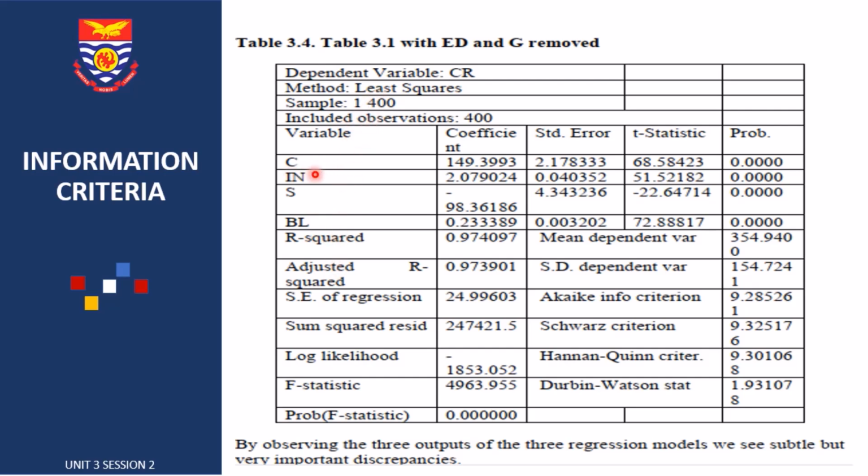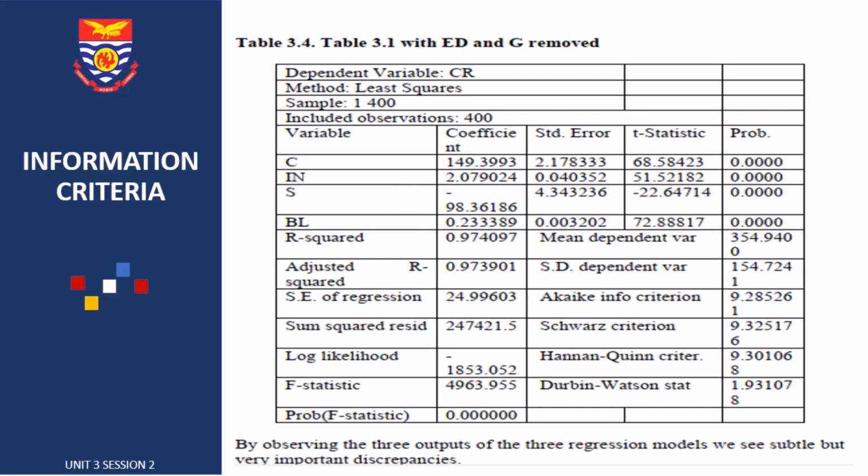Therefore, we only have the income, the student status, and the bank balance. Here we are assuming that it is only these three parameters that can explain the movement in the credit ratings, or the creditworthiness of a customer, with the other elements of the equation remaining intact as we saw in equation 3.1.